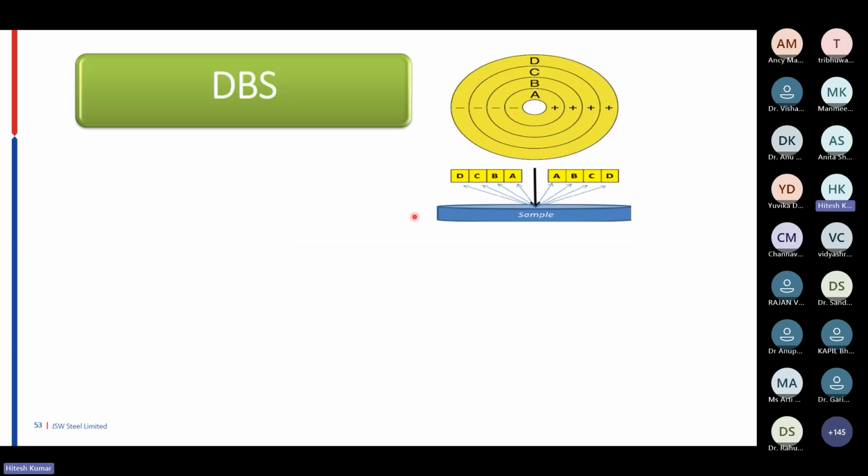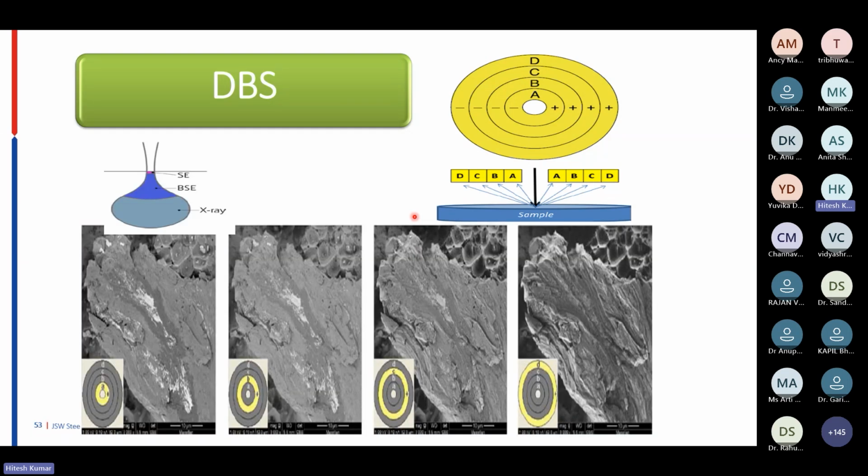Then the second point is that new detectors usually come, like DBS, basically for backscattered structures, in which you can use different shells A, B, C, D, which relate to the K, L, M shells you have in your atomic structure. So you can use different shells to look at your microstructure. These shells change according to the atomic number of your sample. Let's suppose this is the same sample seen in different shells.